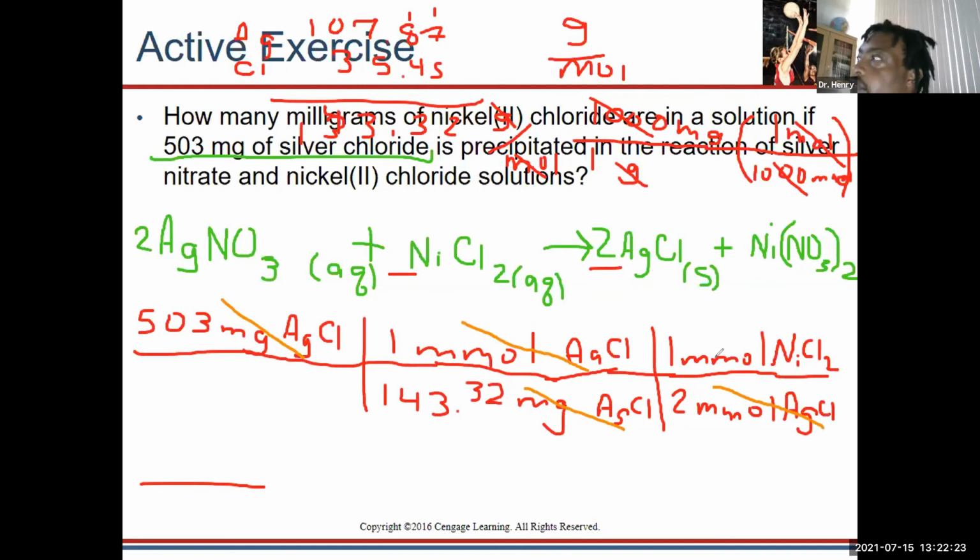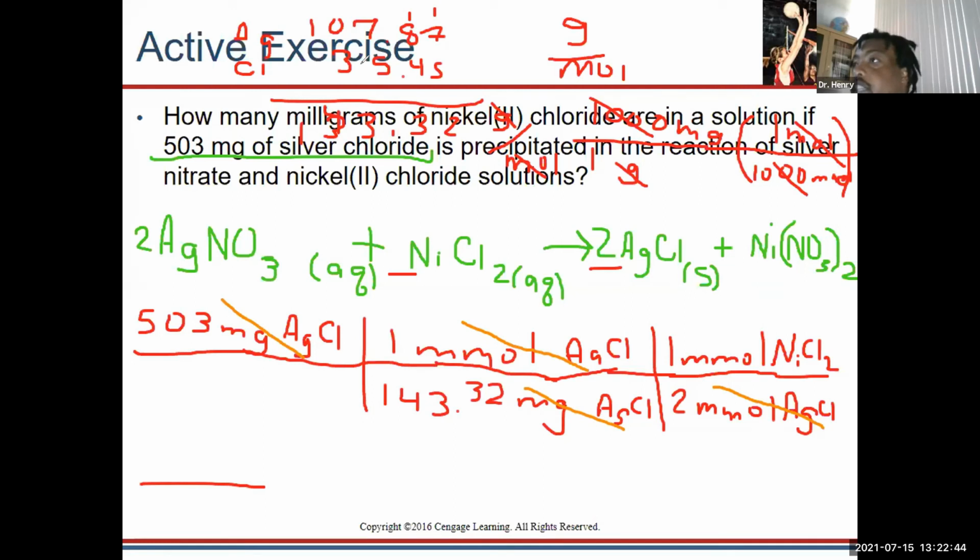So how do I get from millimoles to milligrams? How did I do it over here? What is this up here?